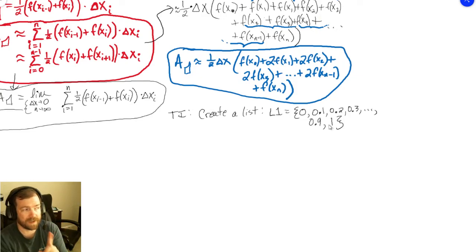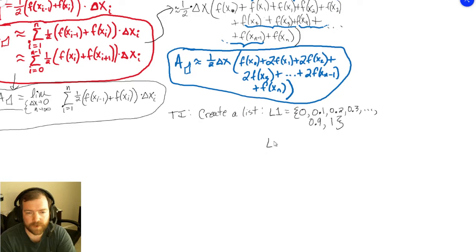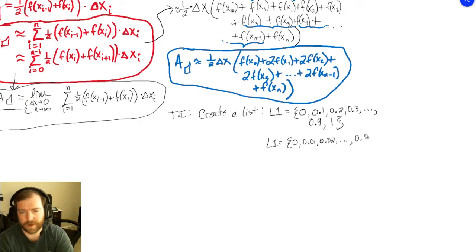Now this one's only 10 elements long, so that's not too bad. But if you did something like L1 is equal to 0.01, 0.02, and then kept going like that until we get 0.98, 0.99, 1.